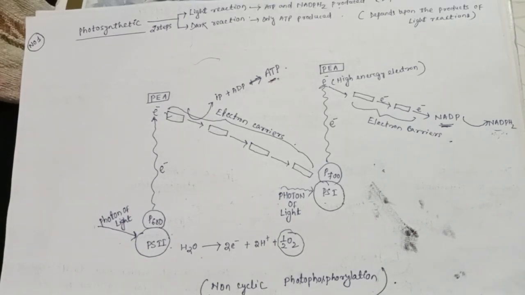Later on, I will discuss non-cyclic photophosphorylation in detail, but this is just a brief about the light reaction: what happens when the photon of light is absorbed by the photosystems.